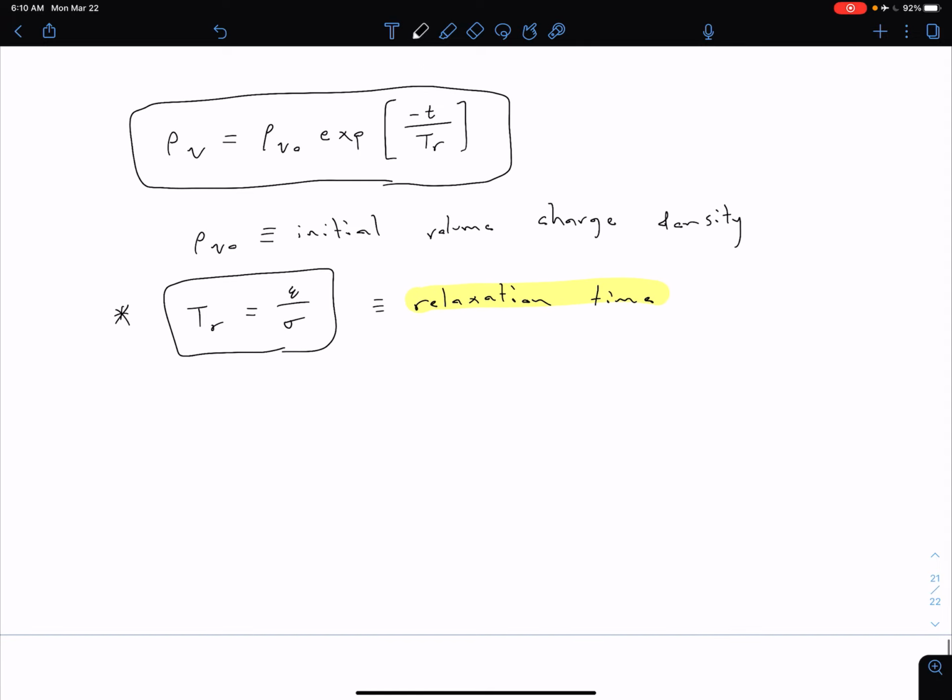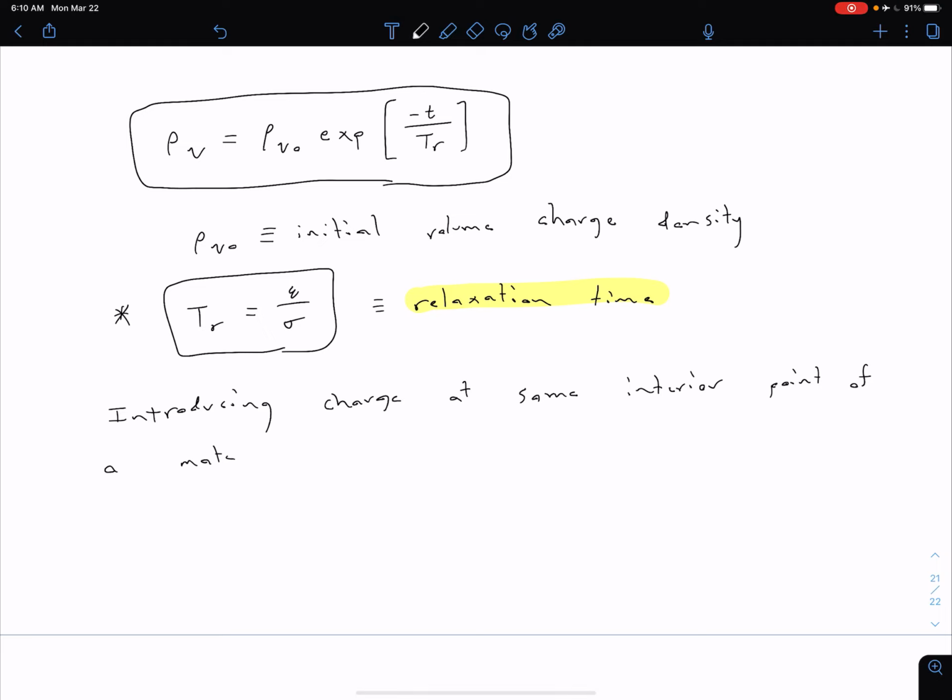Okay, so what we can then think about is that specific case of introducing some charge at an interior point of a material. This material can be a metal, it can be a dielectric, whatever type of material we want to consider.